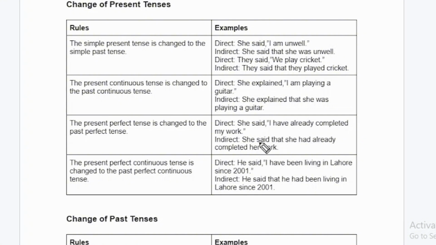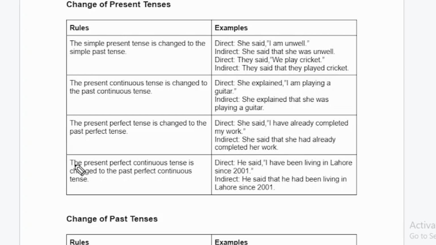Look at the indirect sentence: she said that she had already completed her work. So we use "that" in it and make it a simple sentence with past perfect.